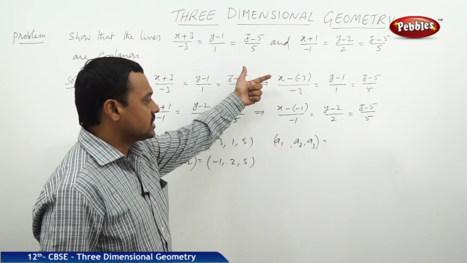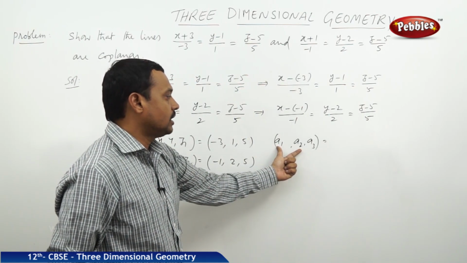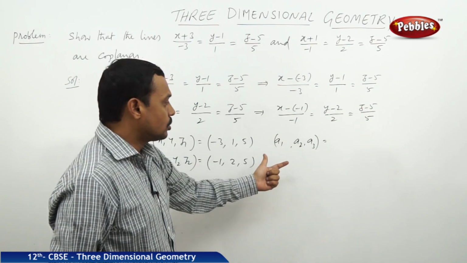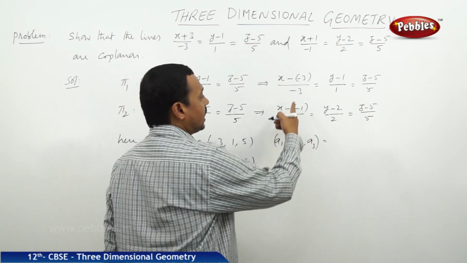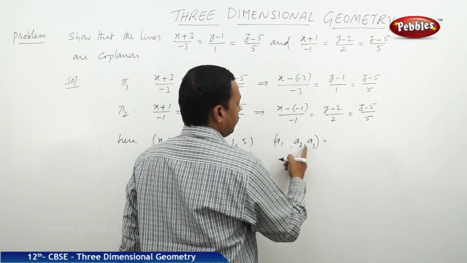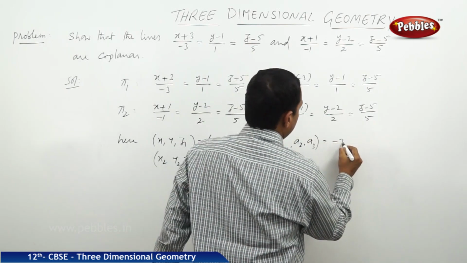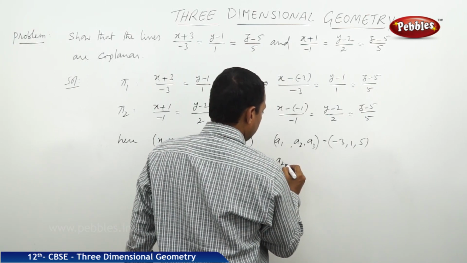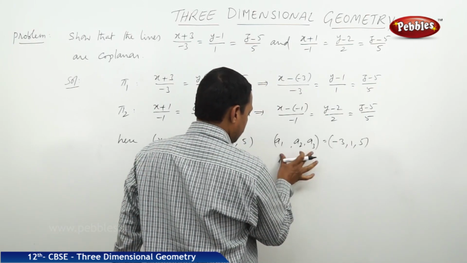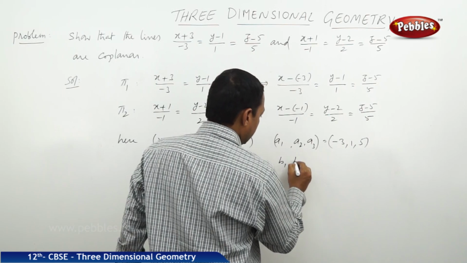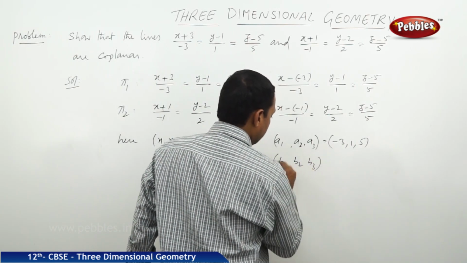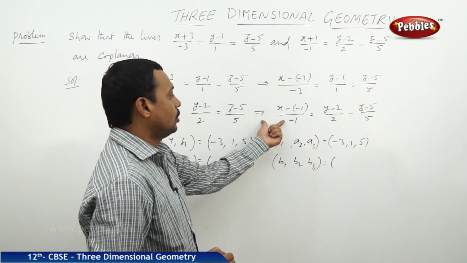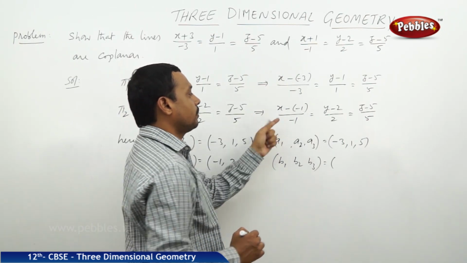So in the previous theorem, we have taken the direction ratios as a1, a2, a3 and b1, b2, b3. So let us take the direction ratios of the first line as a1, a2, a3, which are (-3, 1, 5), and b1, b2, b3 as the direction ratios of the second line.